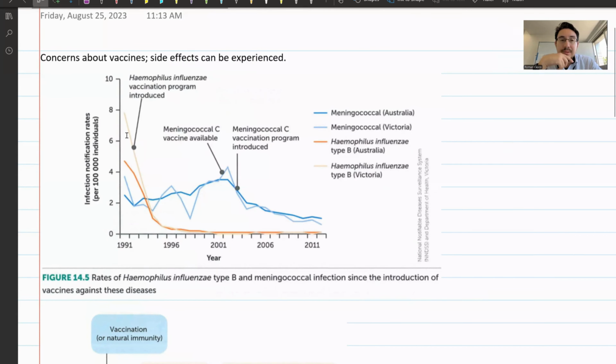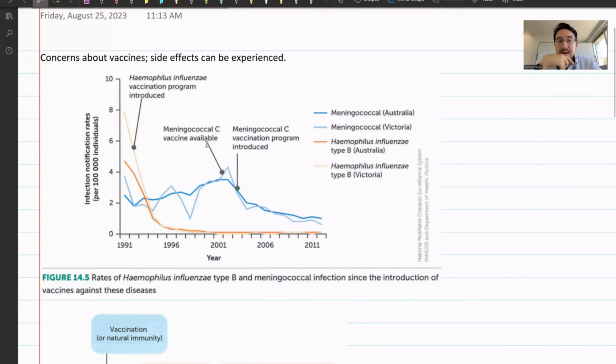Look at the drop in the incidence rates, right? From the 1990s all the way to 2011. Much lower, right? The same situation with these types of bacterial infections, meningococcal infection, in these particular areas of Australia, yeah.